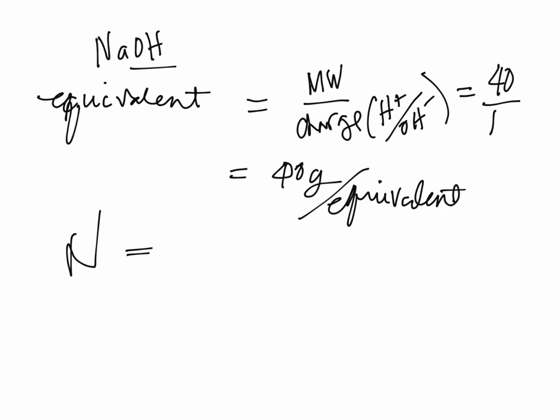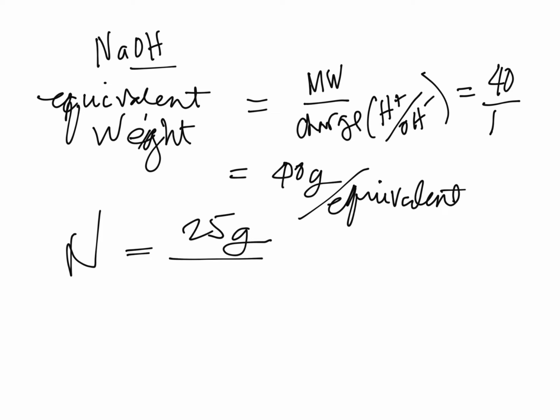But the equivalent of sodium hydroxide using mass is the 25 grams mentioned earlier. And then you divide this by the equivalent weight of sodium hydroxide, so that's 40 grams per equivalent.